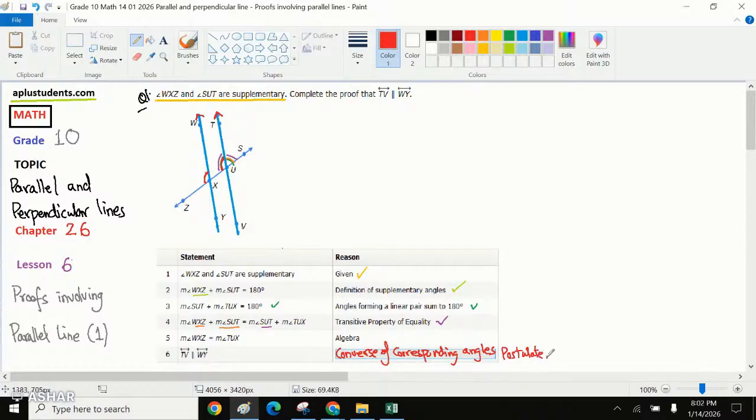The term corresponding angles postulate means, let's suppose I'm giving you an example over here.